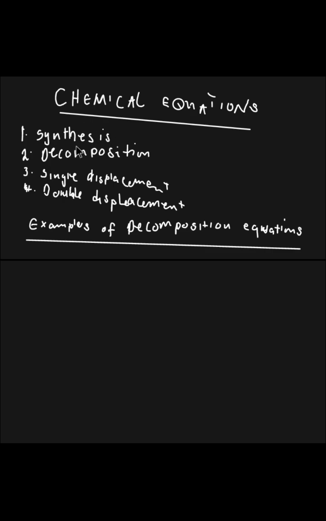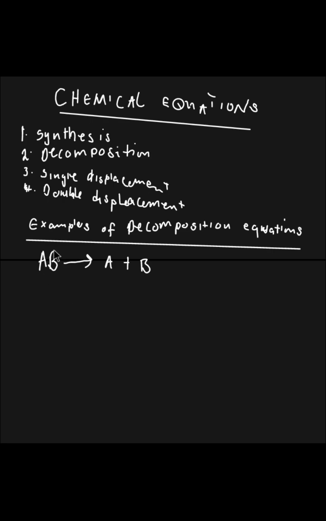Now today we're moving on to the second type of equations, which is decomposition equations. In the previous video, again, we established that decomposition equations is where you have a larger compound that is breaking down to form simple compounds or simple elements.